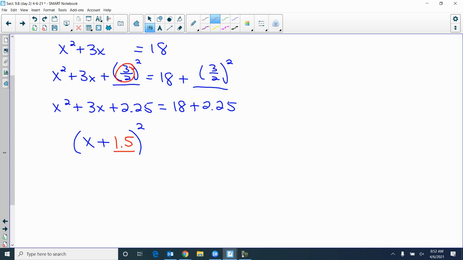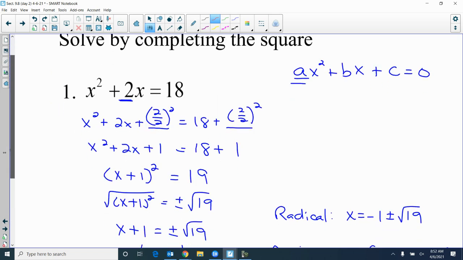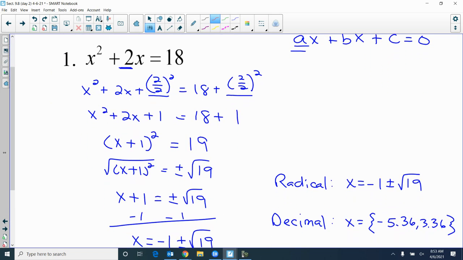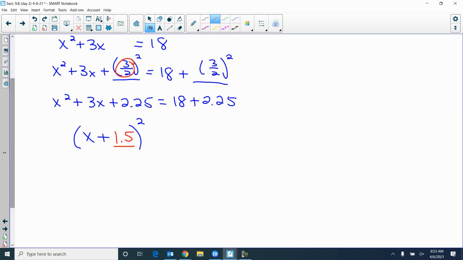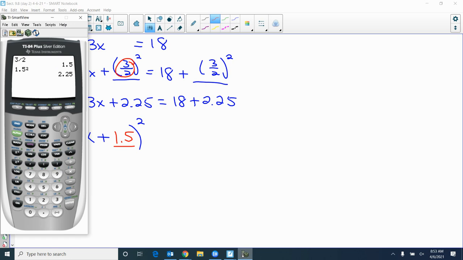And even on all the other ones, that's actually how it works. Let me go backwards: when you cut 2 in half, it's a 1, so it becomes x plus 1. And all our other ones, that's what happens. So it's a little difficult. Think about that. 1.5 times 1.5 is 2.25, and 1.5 plus 1.5 is 3.